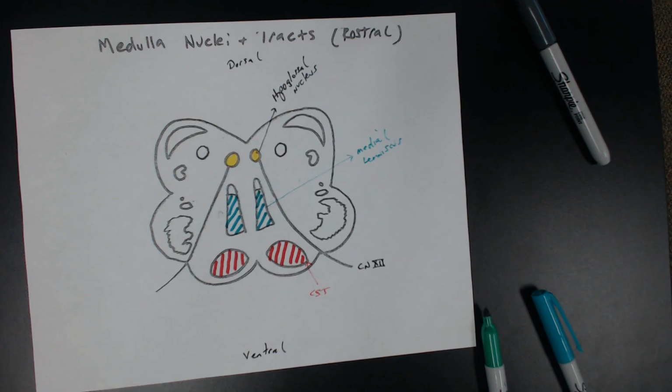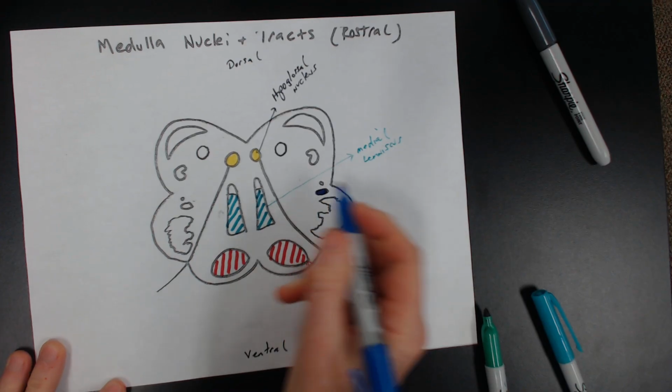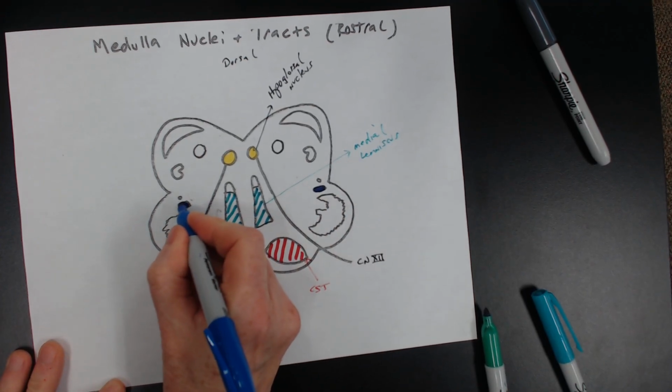Another afferent tract that we talked about is going to be present here more laterally, and that's going to be your spinothalamic tract.